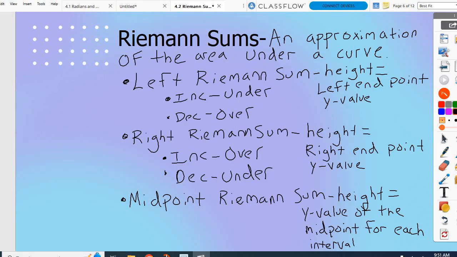So, yesterday when we were doing ours, we just picked 10 rectangles. It didn't give us a certain number, it just made sense.